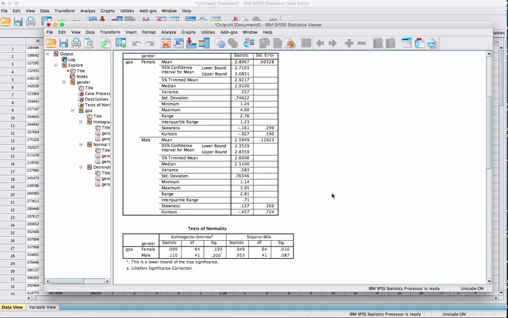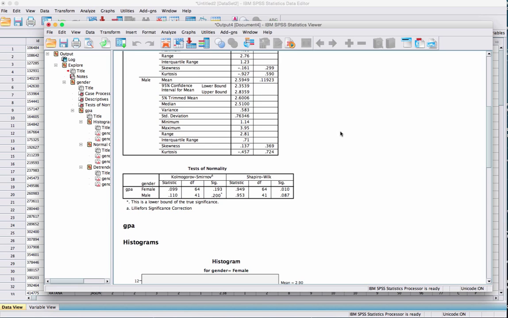But to determine whether those values are above +2 or -2, you must divide the skewness statistic by its standard error, as well as dividing the kurtosis statistic by its standard error. That way you'll get the value that you can compare to a plus or minus 2. Remember, if it exceeds those values, then you have data that's significantly skewed.